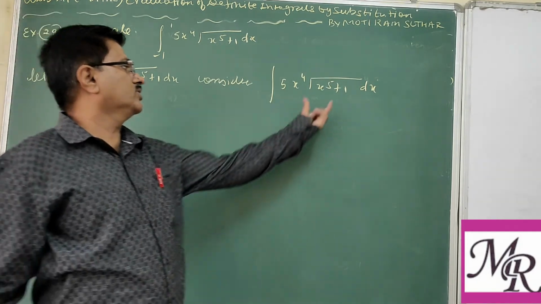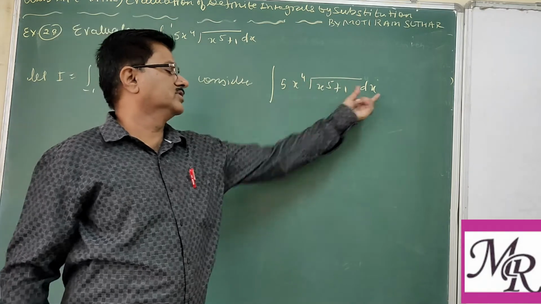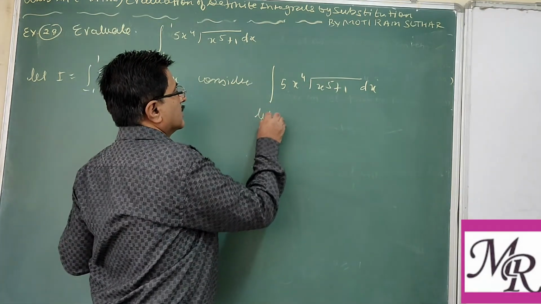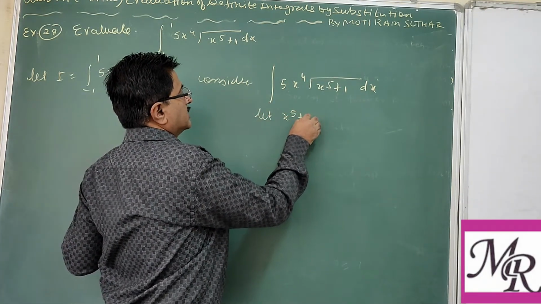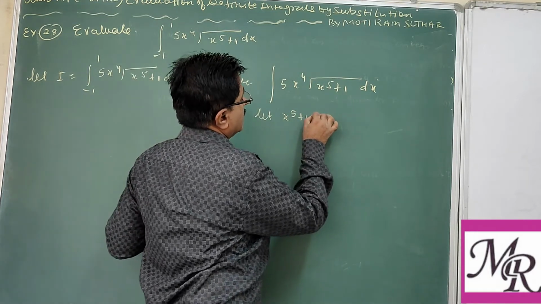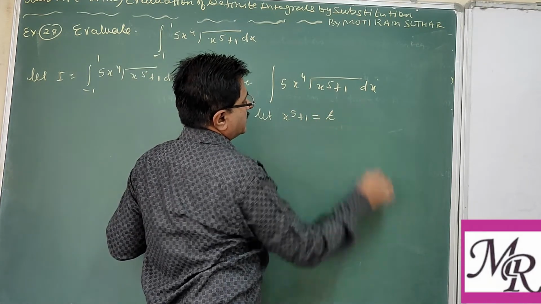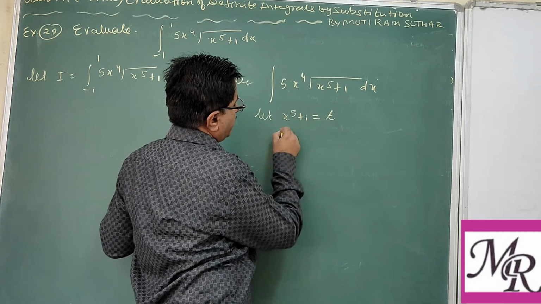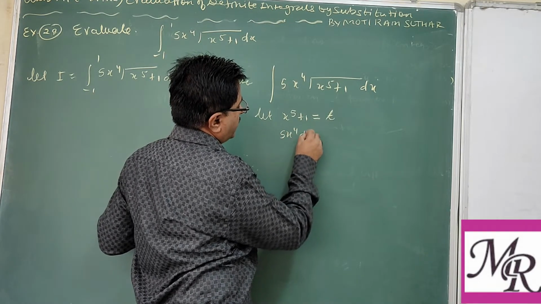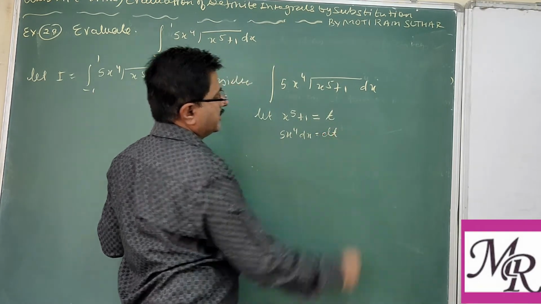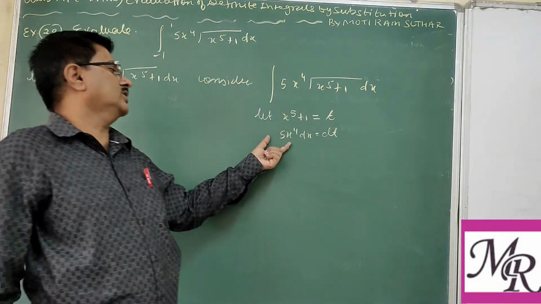So here let x^5 + 1 equal t. Its derivative will be 5x^4 dx equal to dt. This is the substitution method.